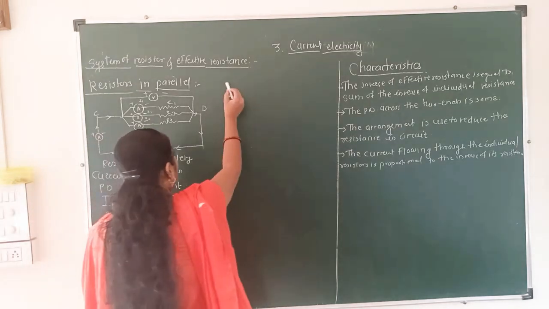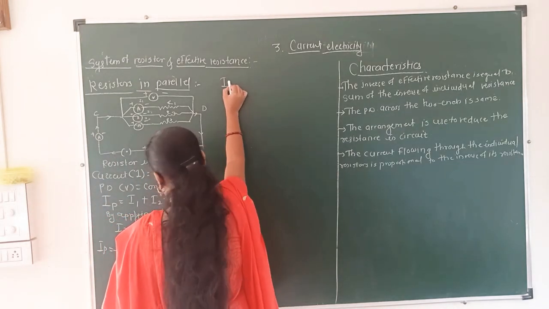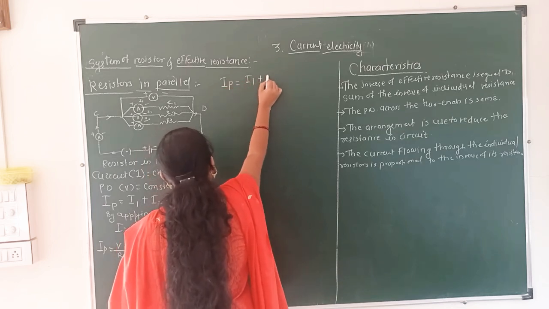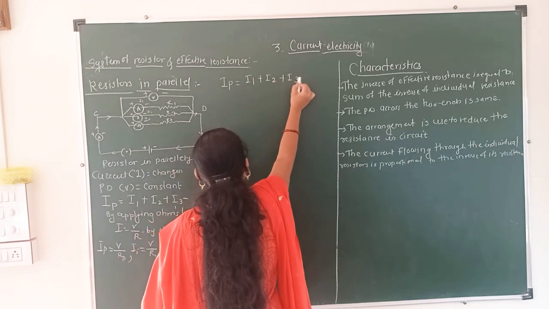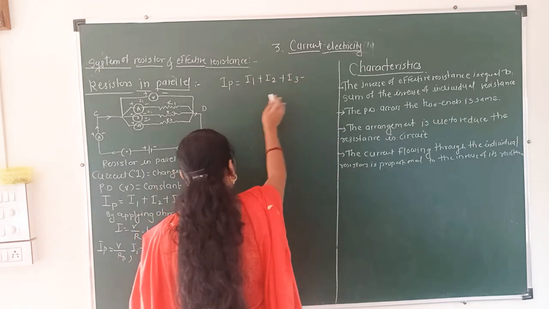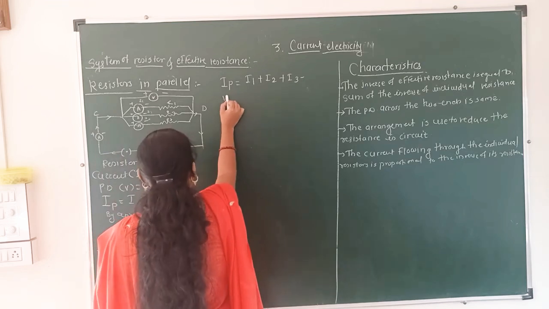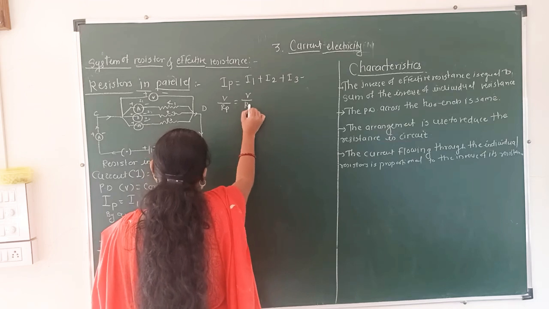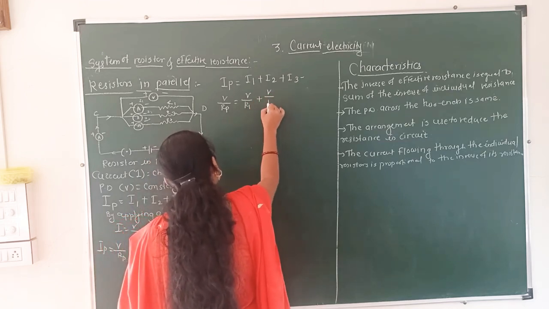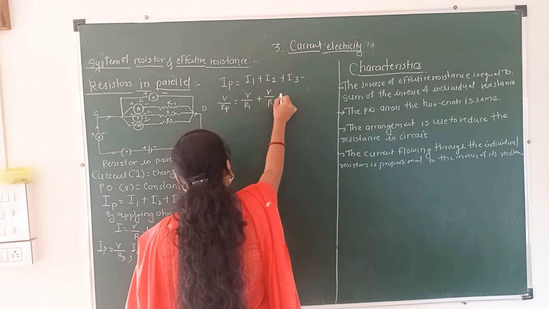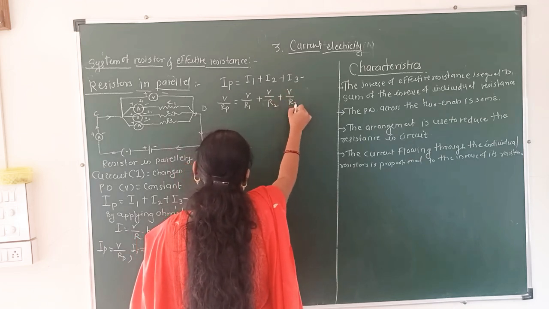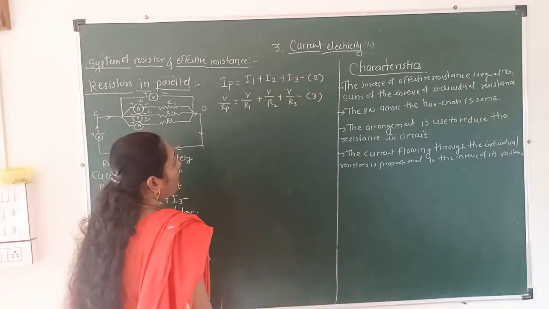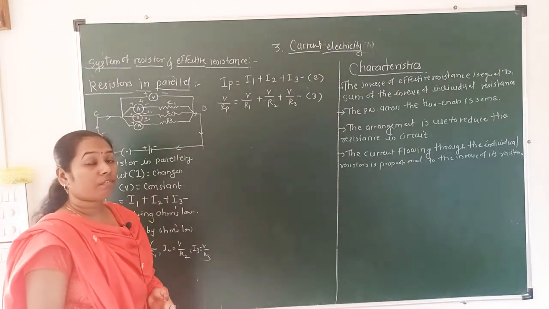Now what is our equation? IP is equal to I1 plus I2 plus I3. We have values for these three. IP becomes V upon RP, whereas I1 is equal to V upon R1, plus I2 is equal to V upon R2, plus I3 is equal to V upon R3. Okay, this is equation number 2, this is equation number 3. In this equation, which value is constant?